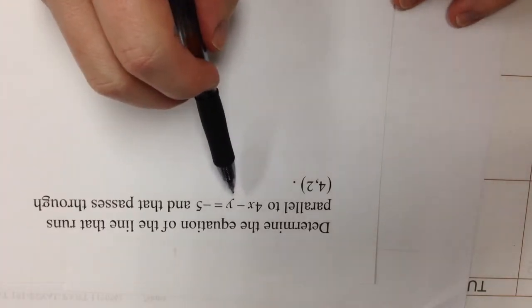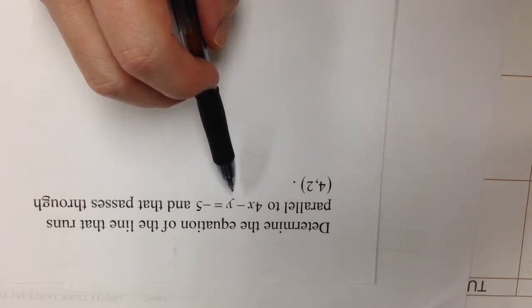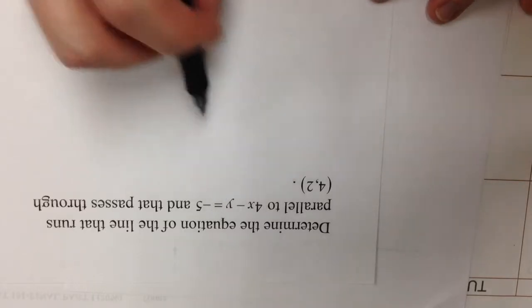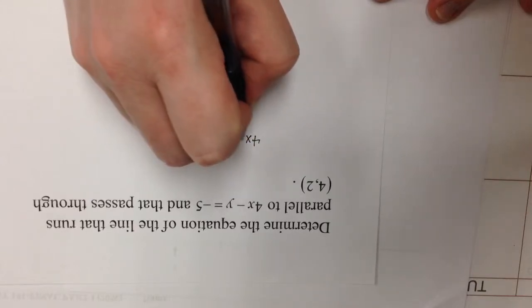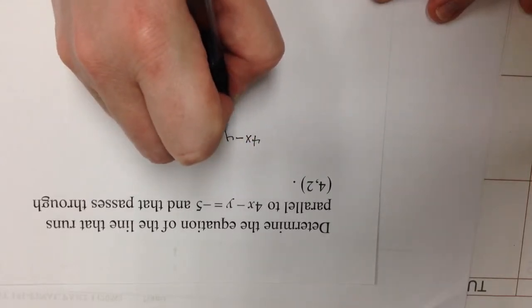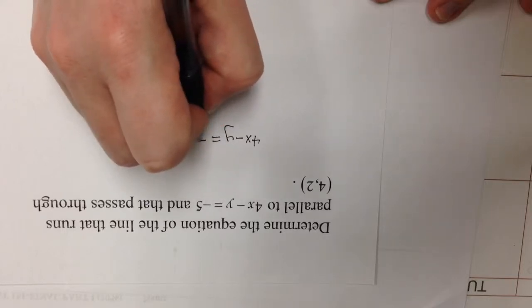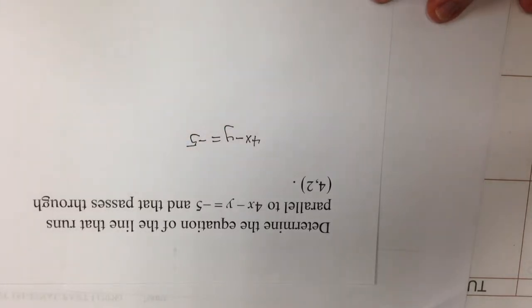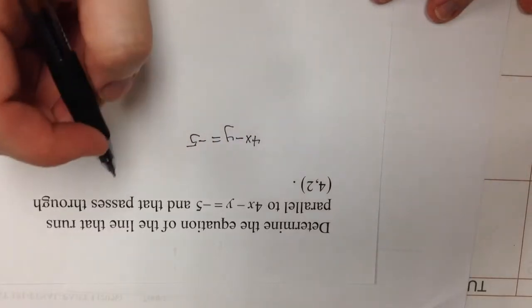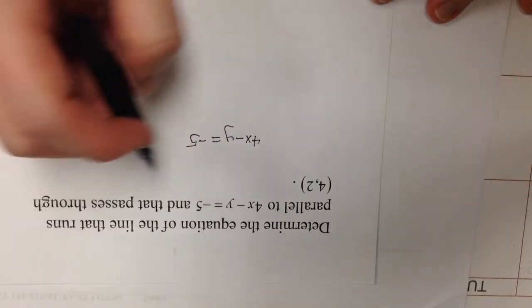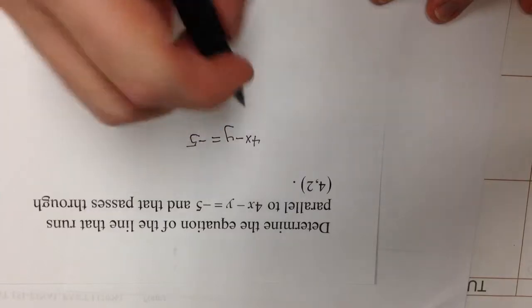4x minus y equal to negative 5, and first of all, if we look for the slope, we can express this equation in terms of slope-intercept form, so we can get the y term by itself.